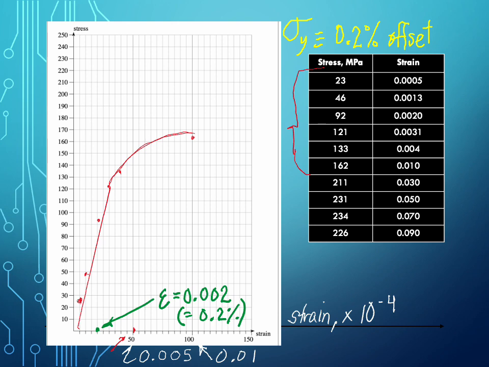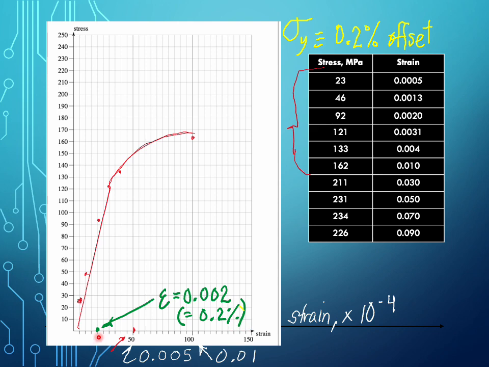What does that mean? Well, in order to calculate this value of yield strength, once you have your stress versus strain graph, you go to your x-axis and you identify the point equal to 0.002 strain, and 0.002 is equivalent to 0.2%.